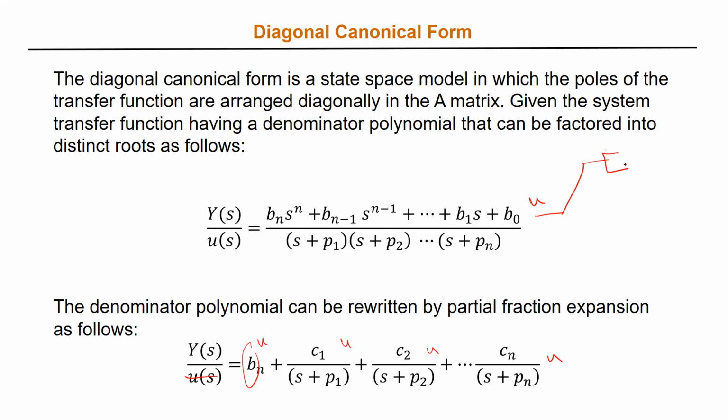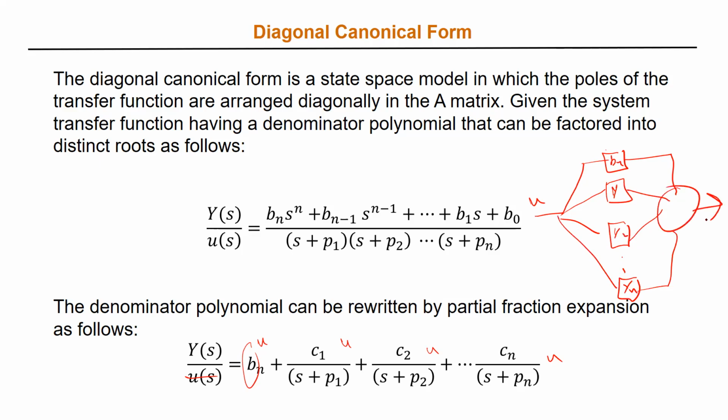This is Bn, and these are Y1, Y2, until Yn. And how do I get my Y from here? Parallel reduction. You add them all in parallel. This is y.